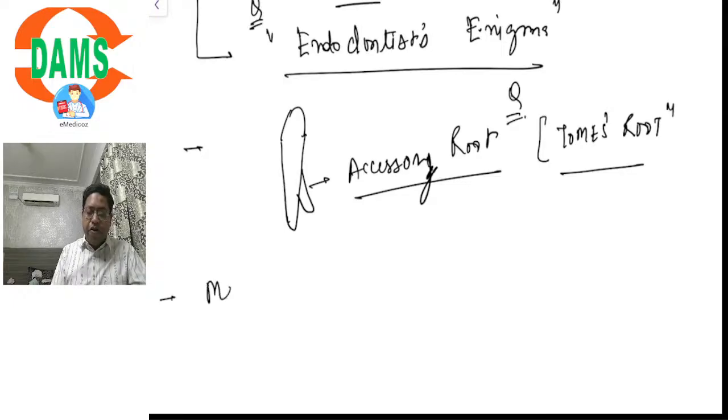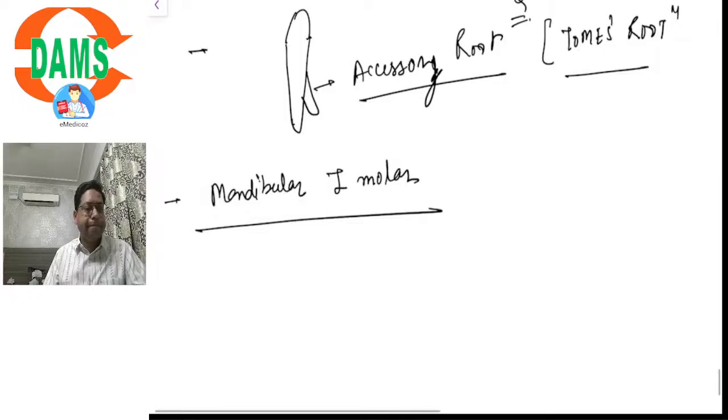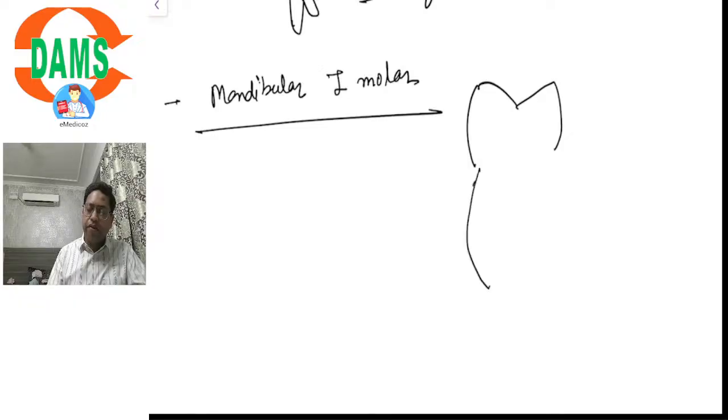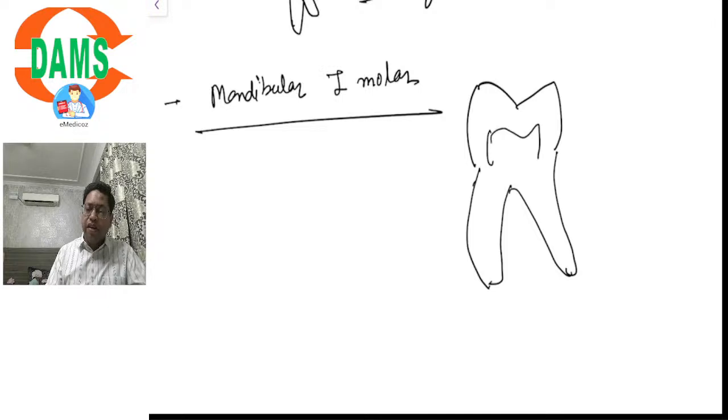We talk about mandibular first molar. Mandibular first molar is usually a tooth like this. Okay, it is a two-rooted tooth, a mesial root and a distal root.